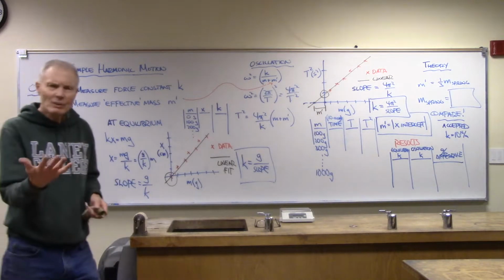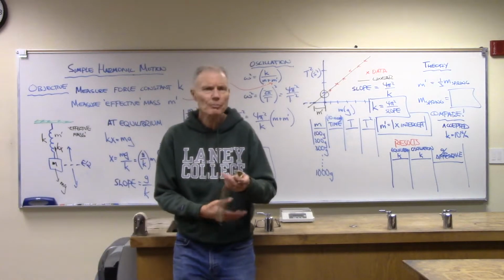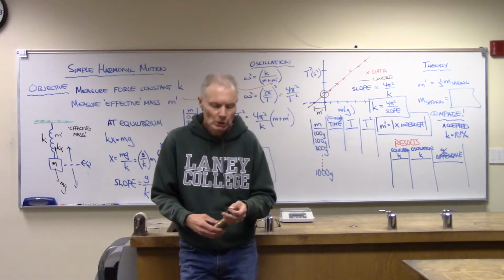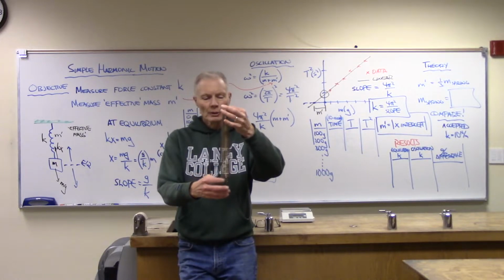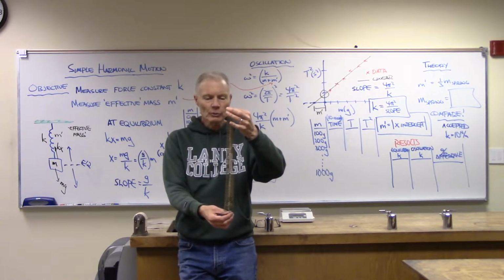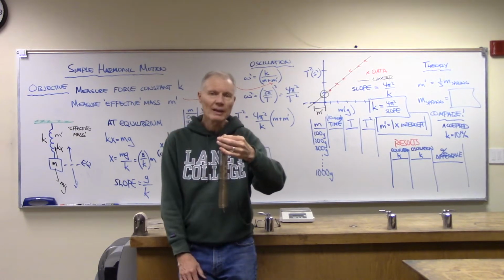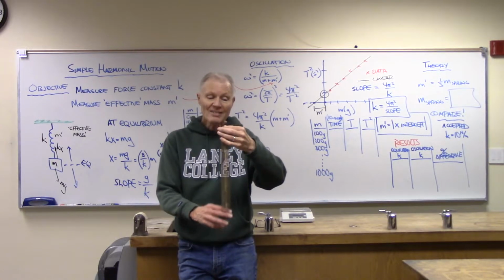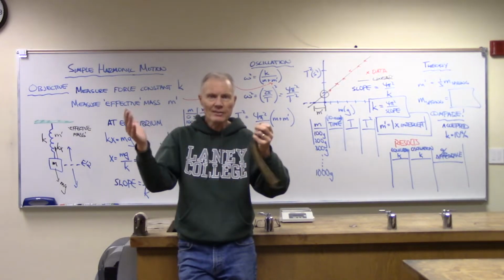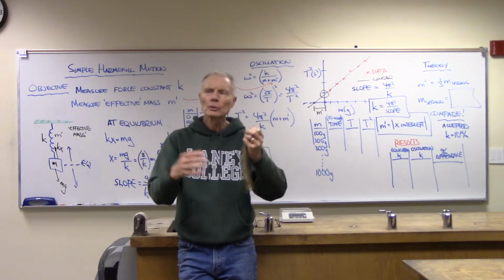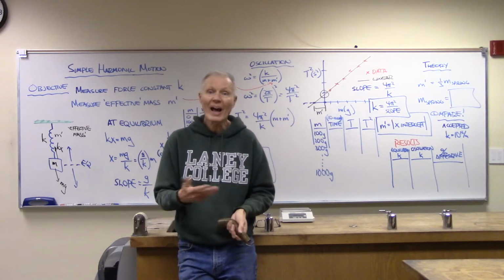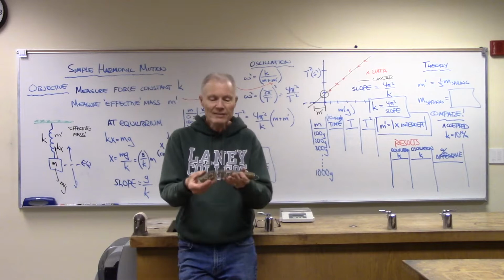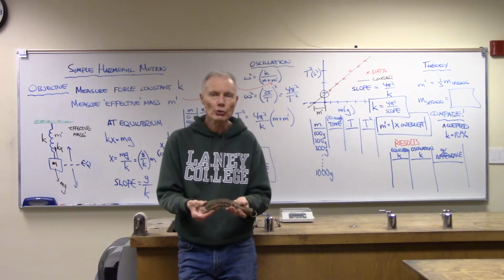At equilibrium, the mass of the spring doesn't really come into play. When I stretch this spring out, the mass of the spring itself doesn't make any difference. But if the spring is oscillating back and forth, the spring itself will have inertia. The spring's mass will create an inertial effect.